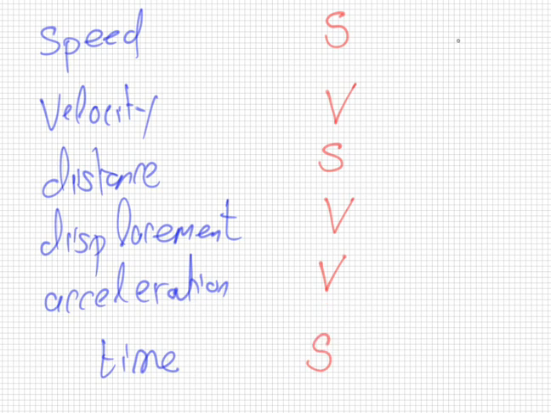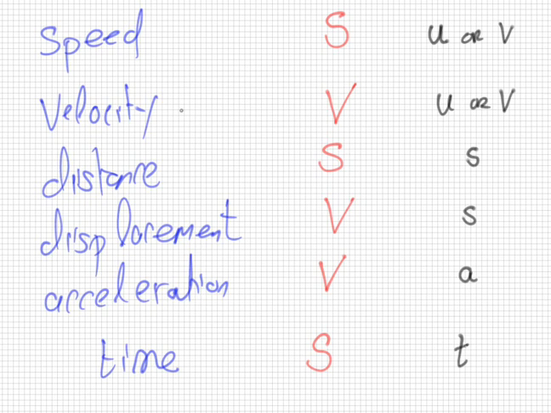Okay, now, UVATS, which letter do you think speed could be used for? Well, it tells you information about U or V. I mean, I have to tell you if the car is going forwards or backwards, if it's at the start or at the end, but it's used for U or V. Velocity? Yeah, it could be used for U or V. Distance? Could be S. Displacement? Could be S. Acceleration? Time?